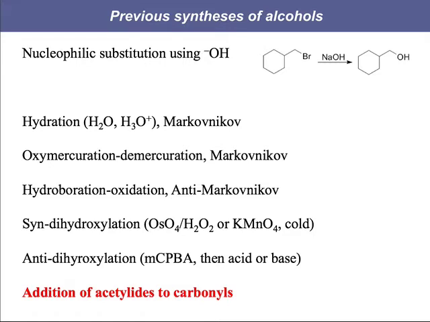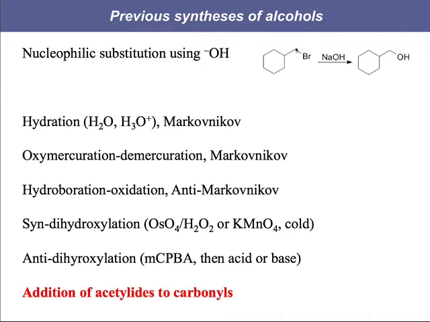Like I said before, we've used other molecules to make alcohols previously. Here are some examples of other reactions that we've seen that created alcohols as the product. We could use nucleophilic substitution from any alkyl halide using hydroxide as our nucleophile.